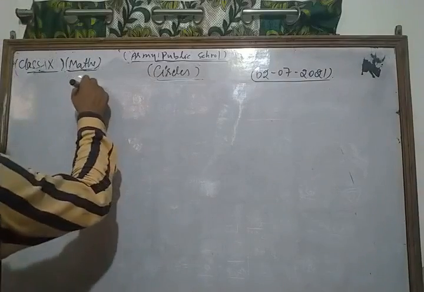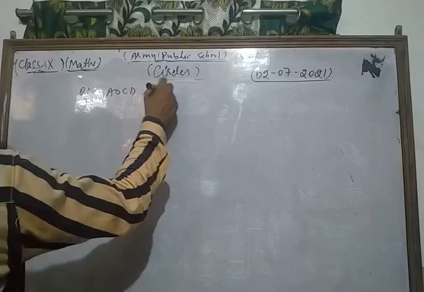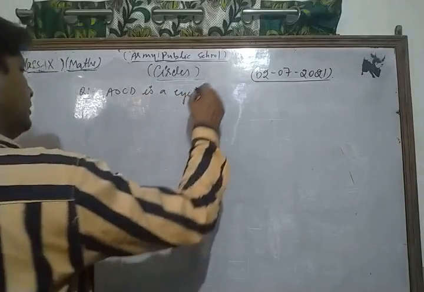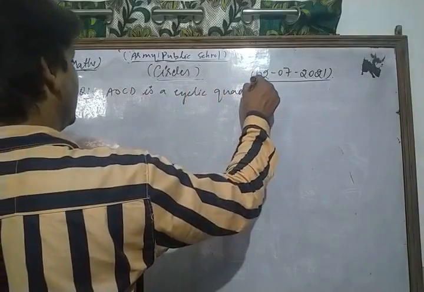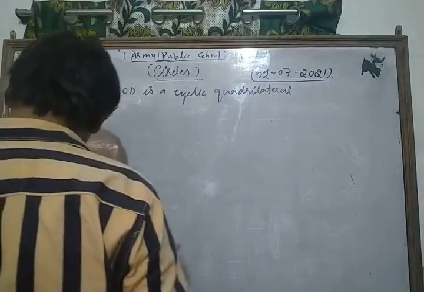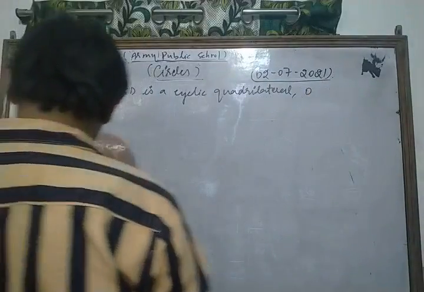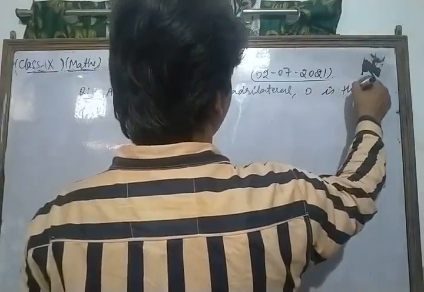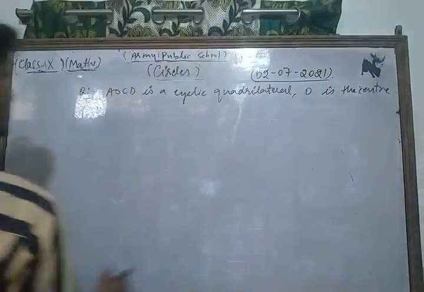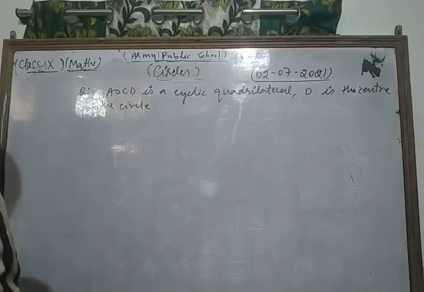The question is: ABCD is a cyclic quadrilateral, and O is the center of the circle.